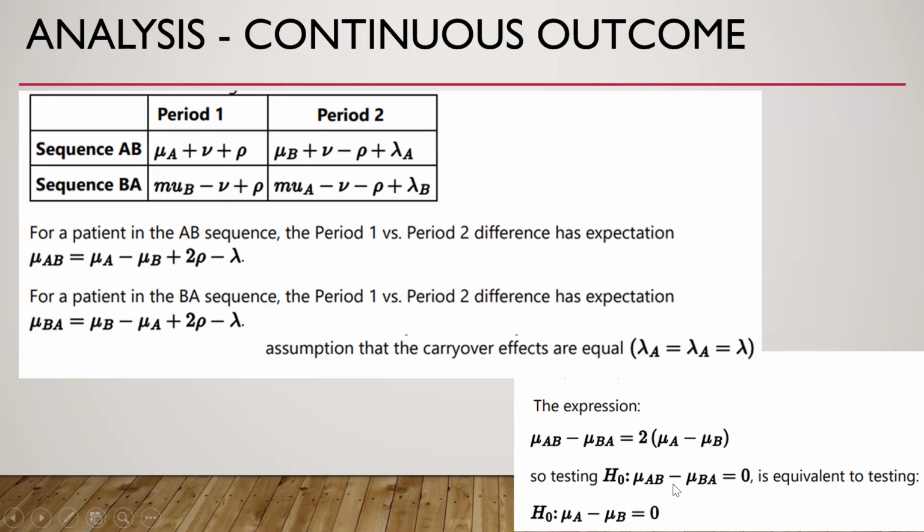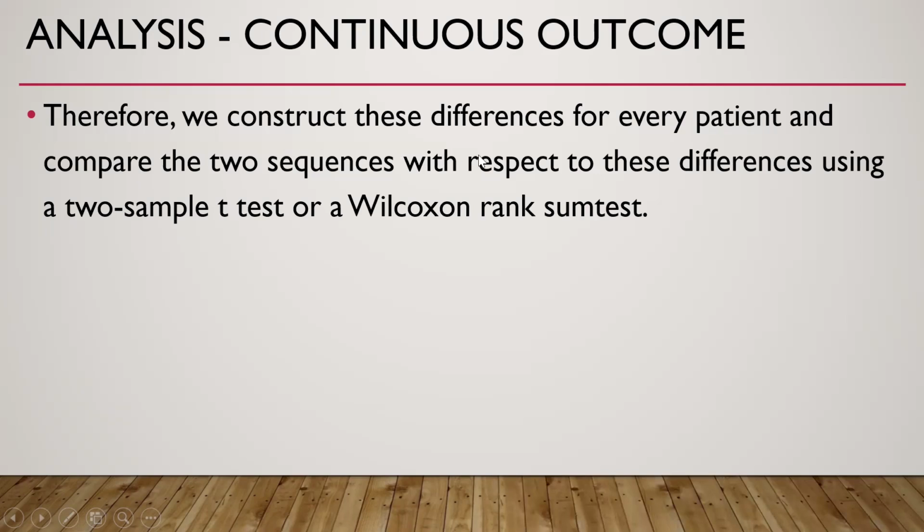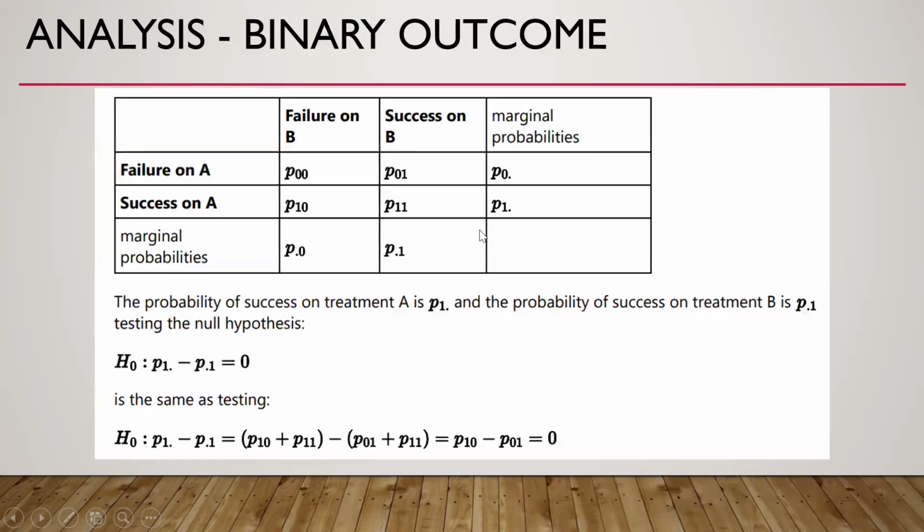Because if you focus here, the hypothesis of difference between two sequences is similar to the hypothesis of differences between two treatments. Therefore, we construct these differences for every patient and compare the two sequences with respect to difference using a two sample t-test or Wilcoxon's rank sum test.